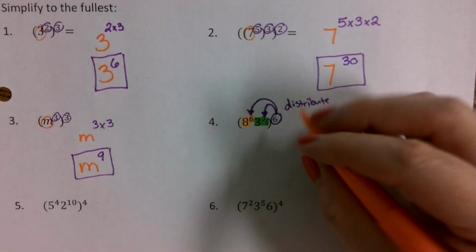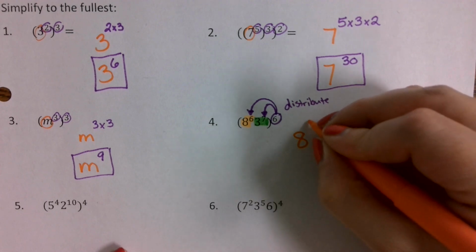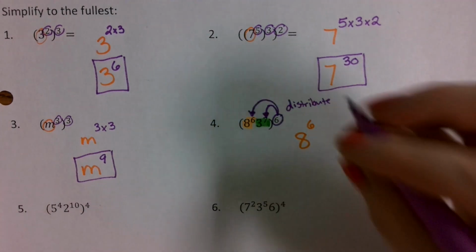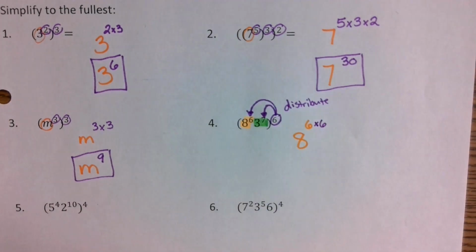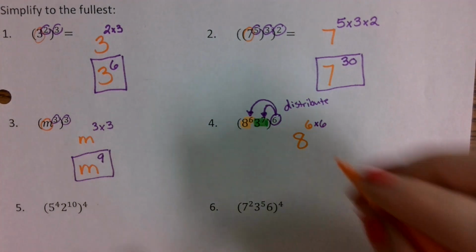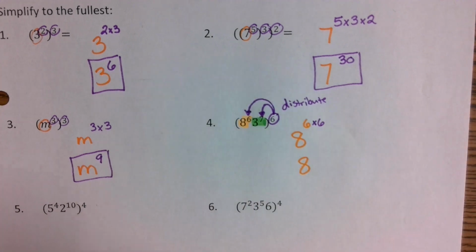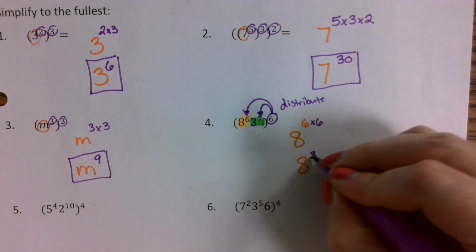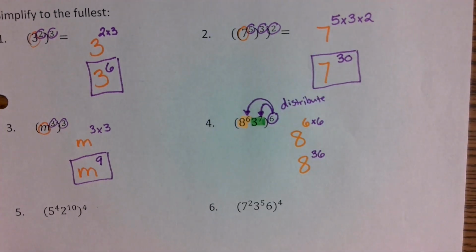Okay, so that means we're starting off with 8 to the 6th times 6 power. Okay, 6 times 6 is going to come out to 36, so we get 8 to the 36th power here. Then we've got that 3 to the 7th.